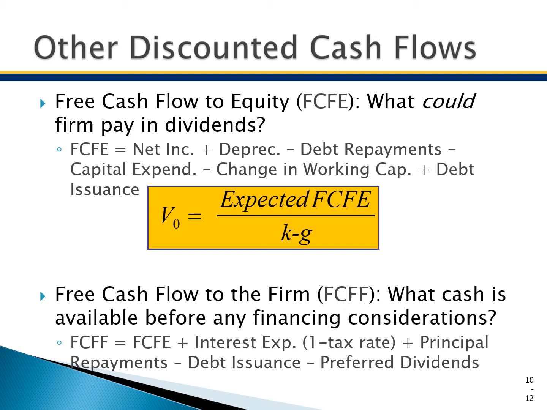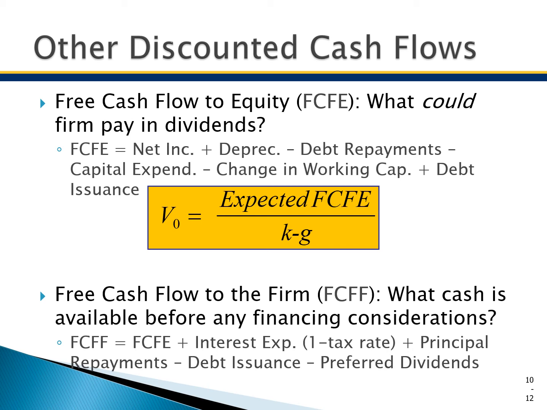Secondly, we can also use the free cash flows to the firm approach, which actually helps to find out the amount of cash available to a firm before considering any type of financing options. So free cash flow to the firm is comprised of free cash flows to equity plus interest expense after deducting the tax rate, and add any principal repayment, and after that we deduct debt issuance and any preferred dividends.